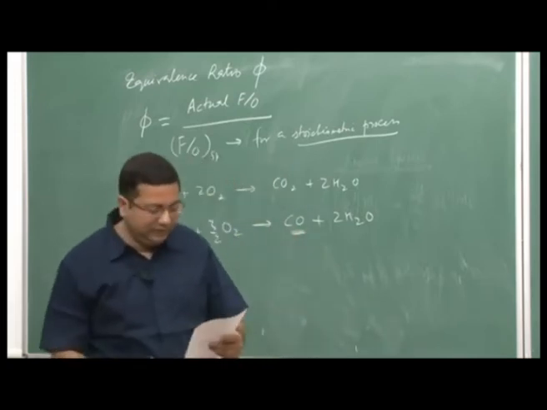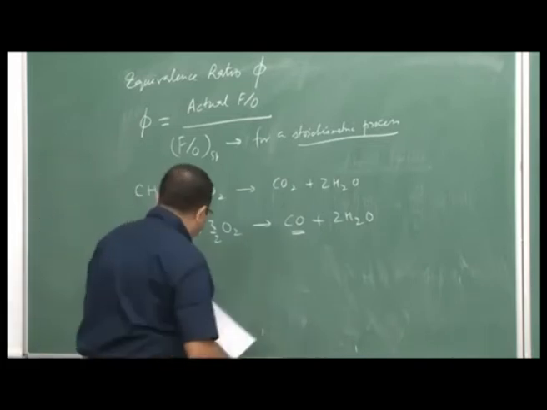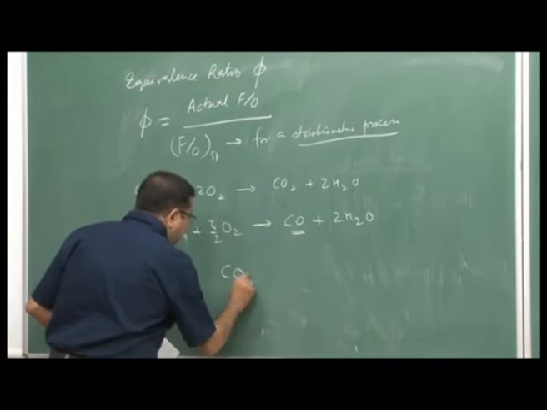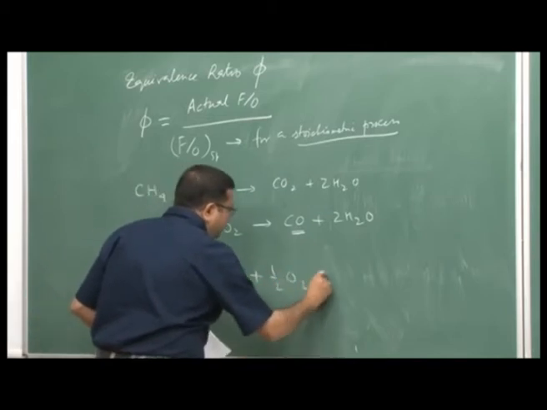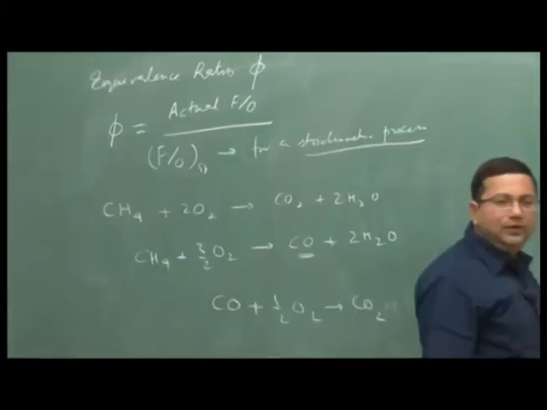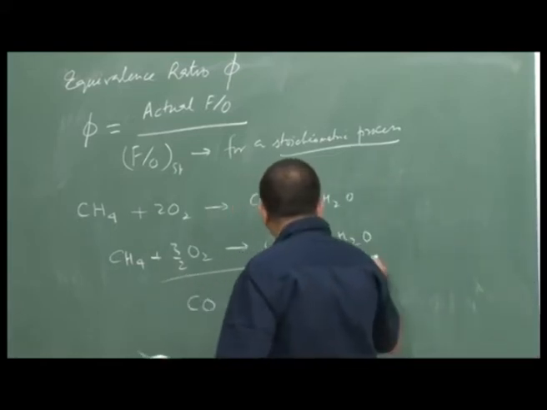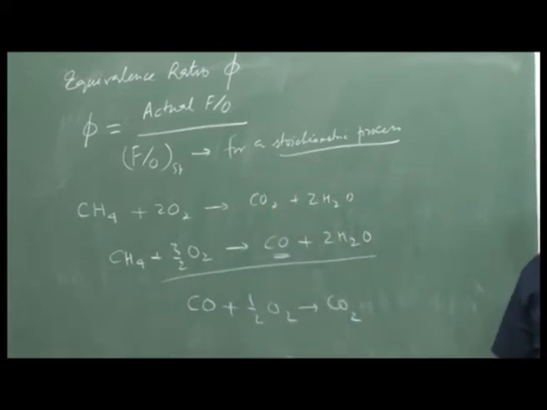Okay. In fact, CO can still react. For example, I can have another reaction CO plus half O2 giving CO2. So, CO can still react to give a further stable species like carbon dioxide. So, therefore, in this case it is not a stoichiometric reaction.